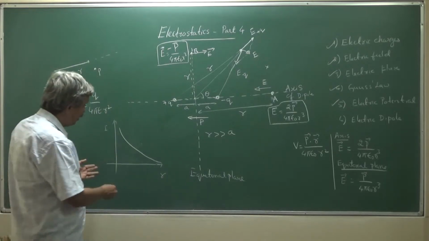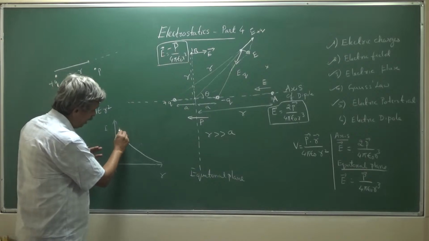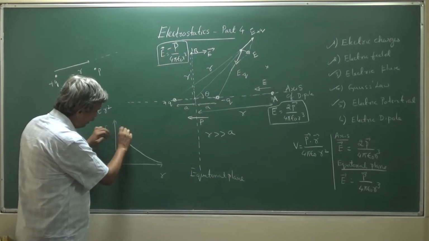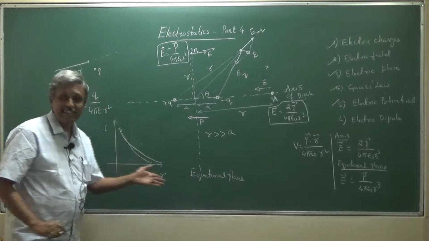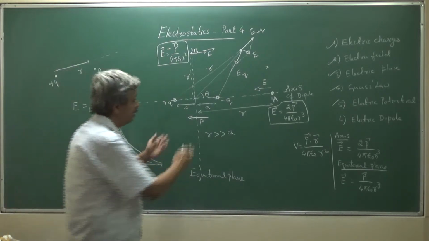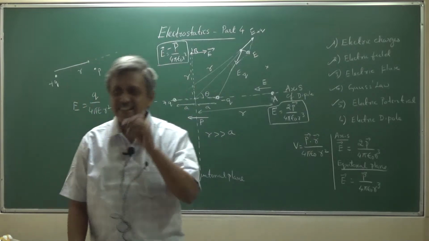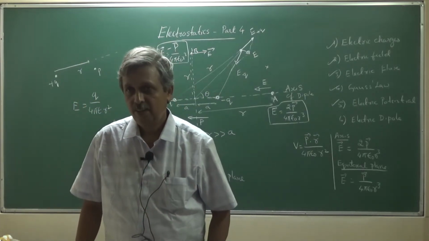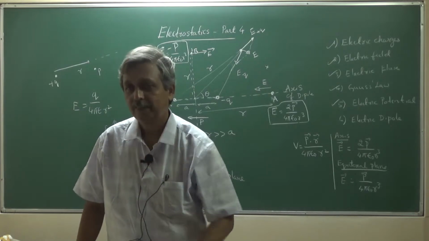That means in the case of a dipole, the curve may start like this and it will start reducing more drastically. At a certain distance, as you keep going farther and farther, the dipole will have very little electric field, whereas the single charge would have had a little more.